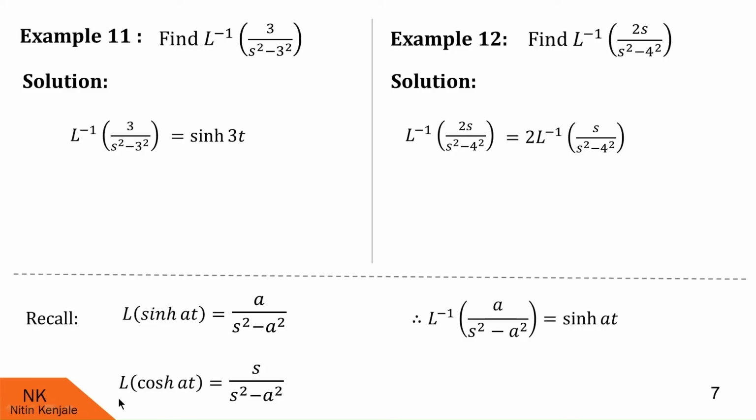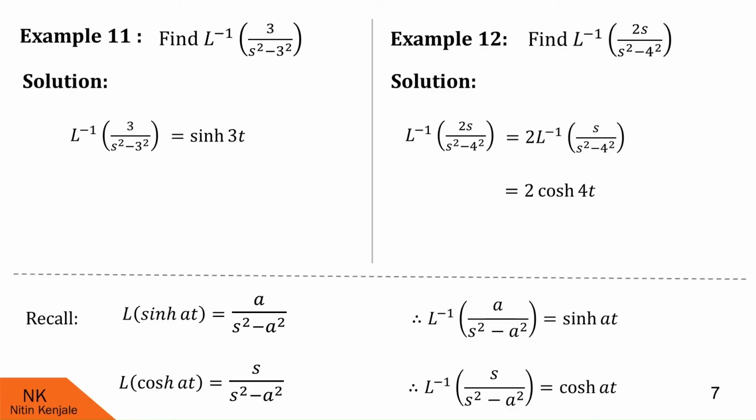If you don't remember, recall Laplace of cosh at, which is s upon s square minus a square. So here a is equal to 4. Therefore, L inverse of s upon s square minus 4 square is cosh 4t. So 2 cosh 4t is L inverse of 2s upon s square minus 4 square.